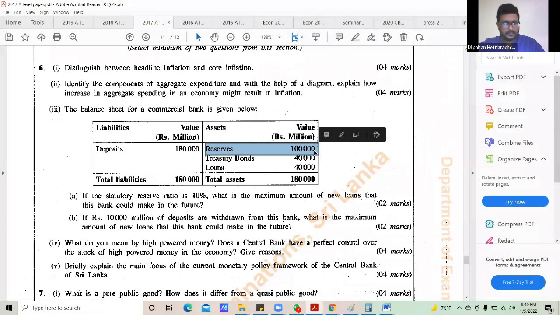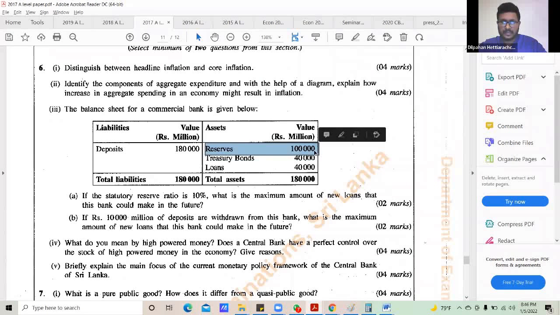So we'll go for question A. If the statutory reserve ratio is 10%, what is the maximum amount of new loans that this bank could make in the future? Right.